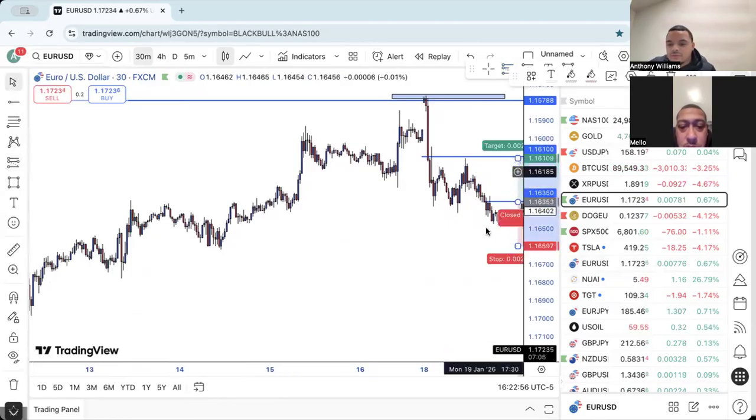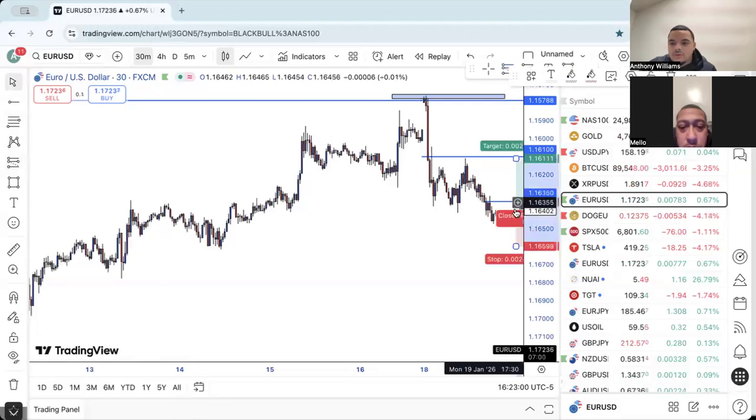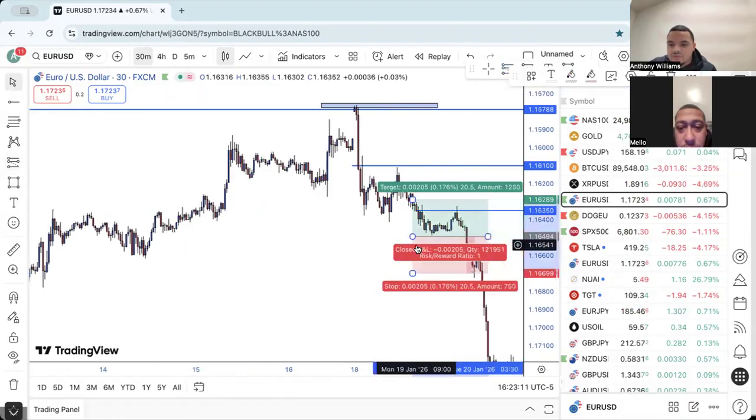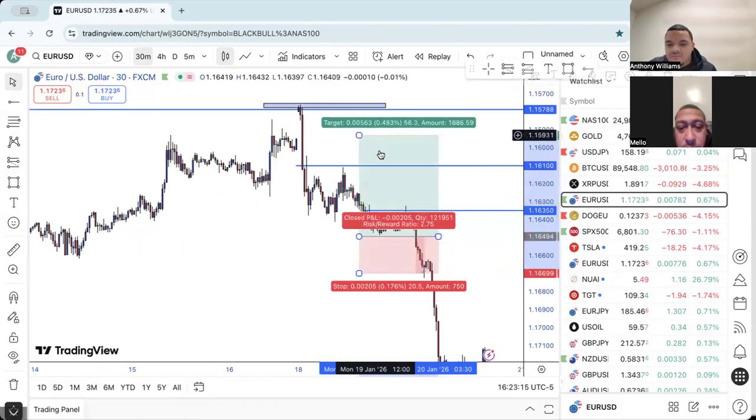Oh, hold on, got the wrong one. All right. Why is it going positive? Hold on. Long position, short position. Do you see why? You know what TradingView is. On the short position, the green is supposed to be at the bottom.